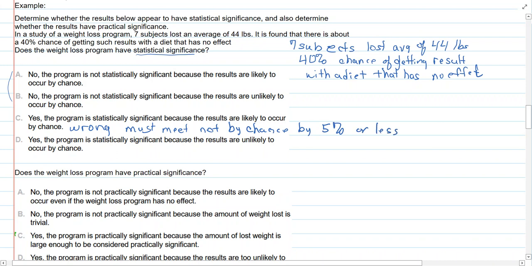So in this case, this doesn't meet the criteria. It's even stated wrong. Yes, the program is statistically significant because the results are unlikely to occur by chance. And that's wrong too, because the diet that had no effect was 40%. So it did not meet.